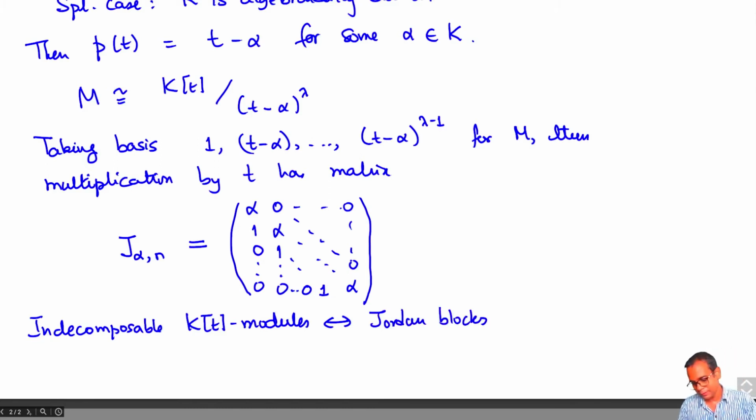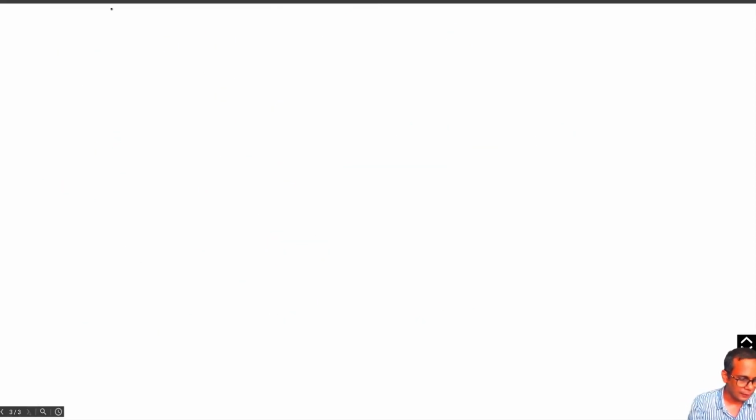Now we can turn this backwards, and we can also say that given an n by n matrix A in K, we can form a K[T] module.